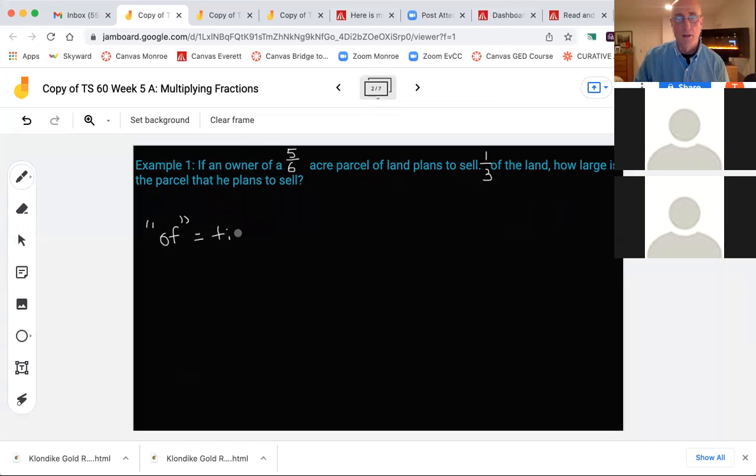Very often, not always, but very often in a story. If I say, what's 2/3 of 90, for instance, I'll just write this out, 2/3 as an example, okay, I'll write example here for it, okay? And I wrote the phrase, can you tell me what 2/3 of 90 is? Okay. If I ask you that, this word of, I'm just going to draw a little arrow to it, means times.